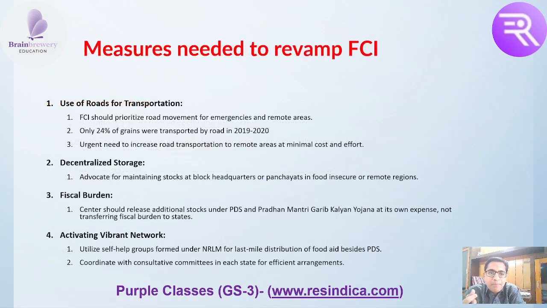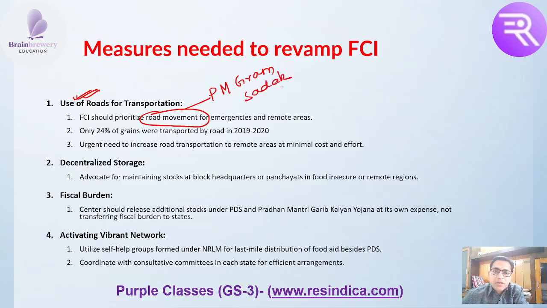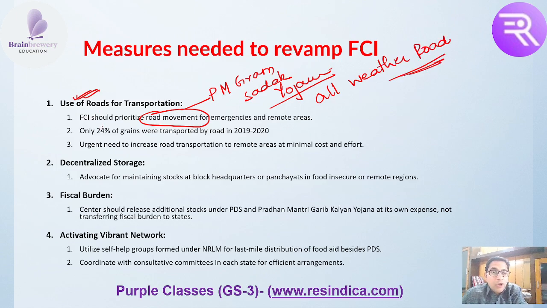Now, what are the measures needed to revamp the FCI? First of all, use of roads. Roads have to be improved. Pradhan Mantri Gram Sadak Yojana is there, and that has to be revamped for all-weather roads, because only 24% of the grain was transported by road, and we have to utilize road connectivity properly.